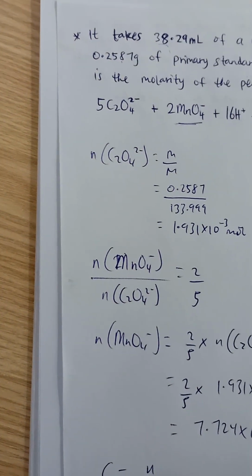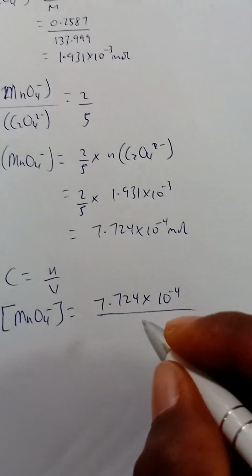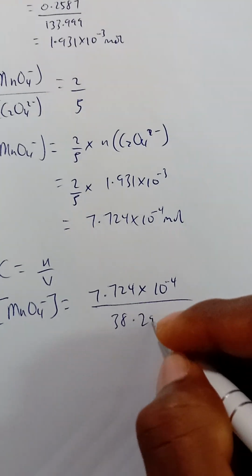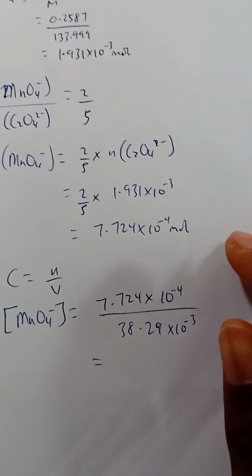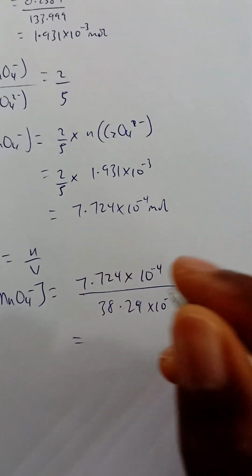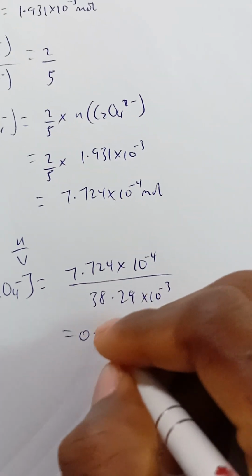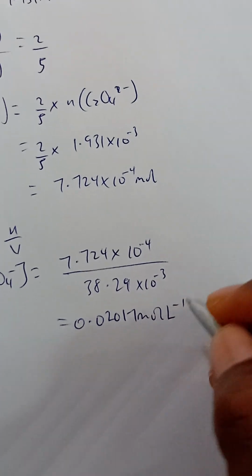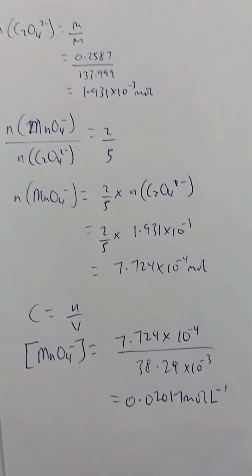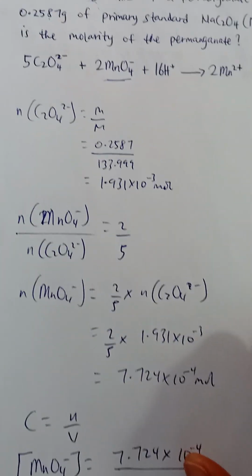But the volume is 38.29 milliliter. 38.29 milli is 10 to the power minus 3. Then this is going to give us 0.02017 mole per liter. So we are applying redox over here.